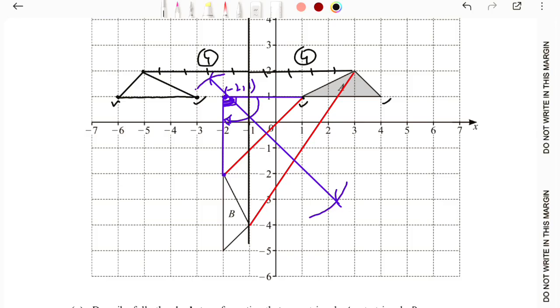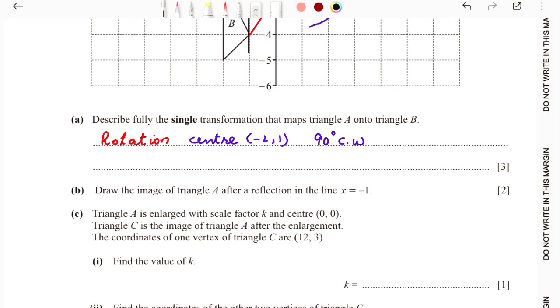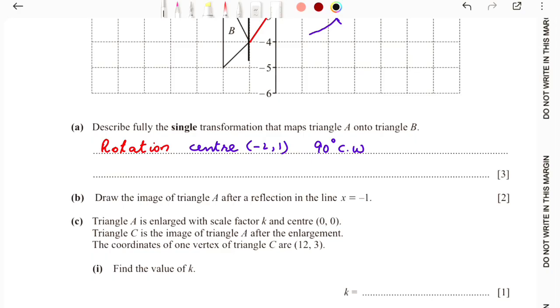Now moving towards the next part, that is a very important part, C part. Triangle A is enlarged with a scale factor k, which we don't know, and the center 0, 0.